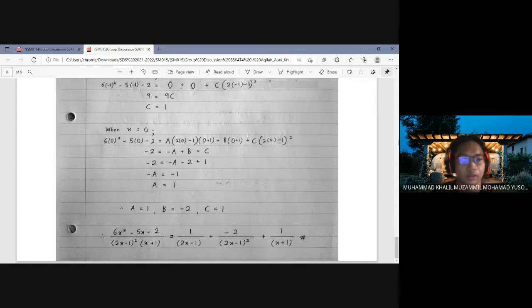When x equals 0, we substitute the value of 0 into x, and then we will get the value of a, which is 1. So the value of a equals 1, b equals negative 2, and c equals 1.